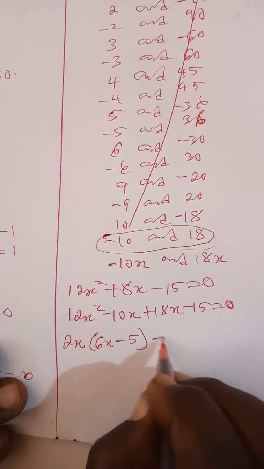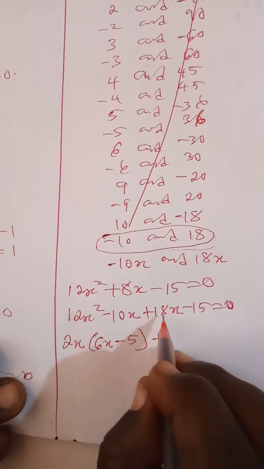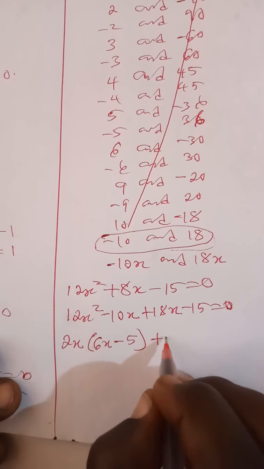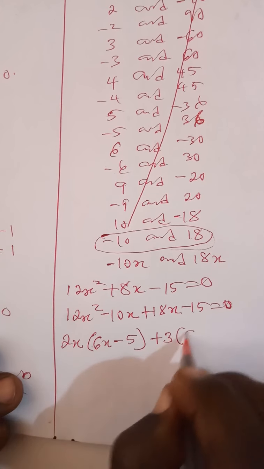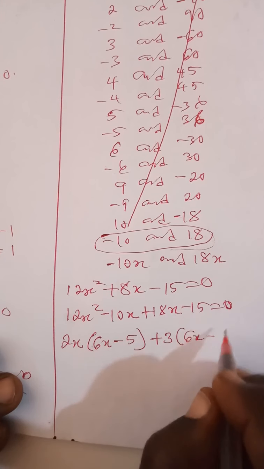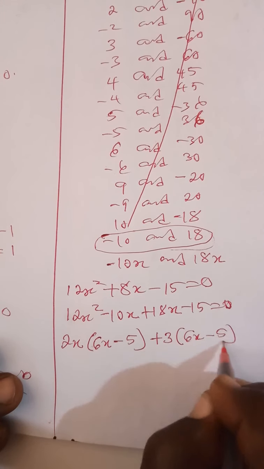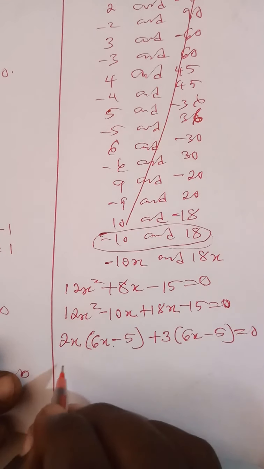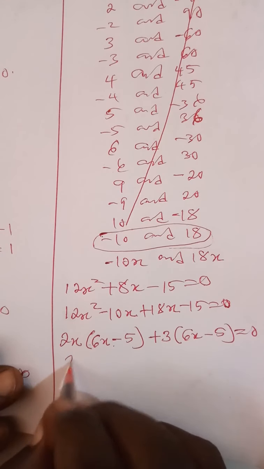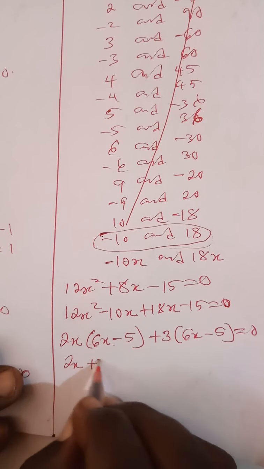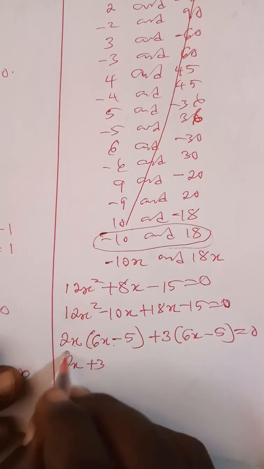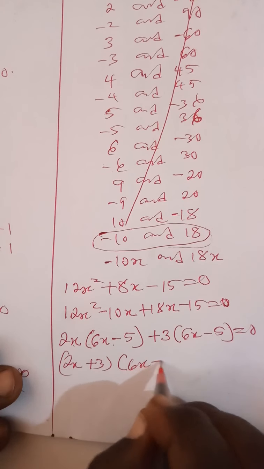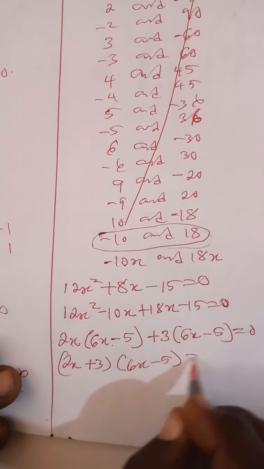See that? Plus, now I have 18 and 15. What's the HCF of 18 and 15? It is 3. 3 bracket 6x, and 3 in this one leaves 5. See that? So you can see clearly that these two brackets are the same. And so I have 2x plus 3, taking this one and this one, times 6x minus 5, is equal to 0.